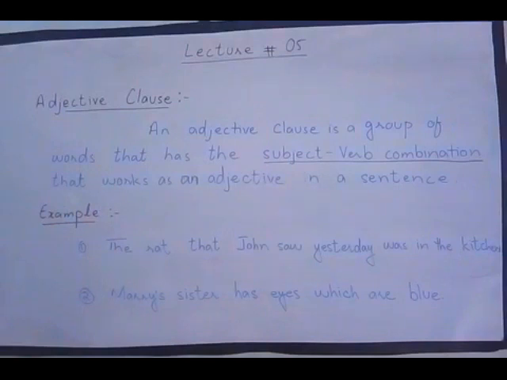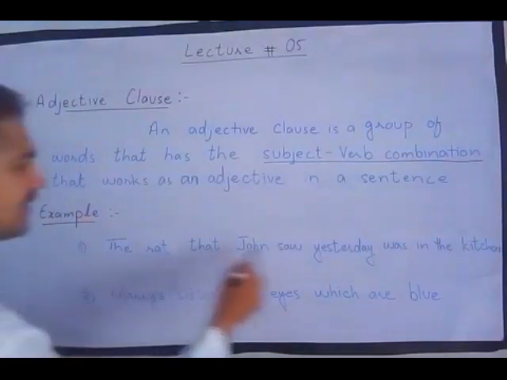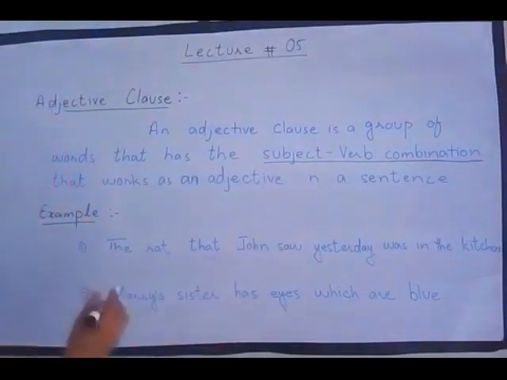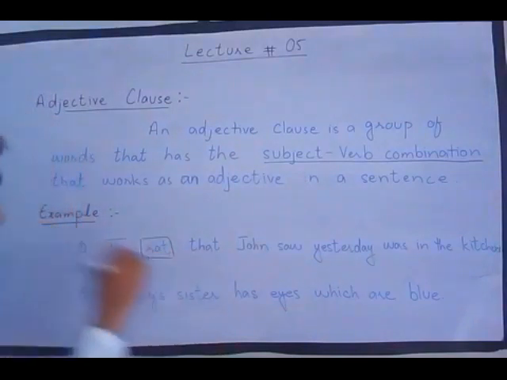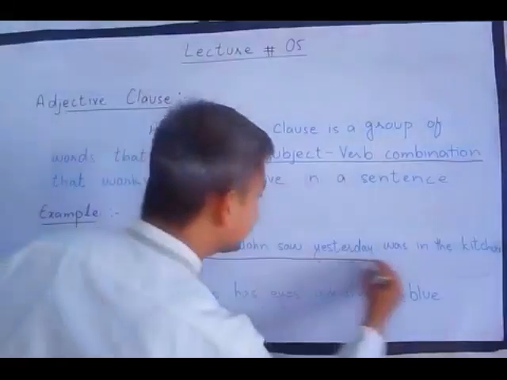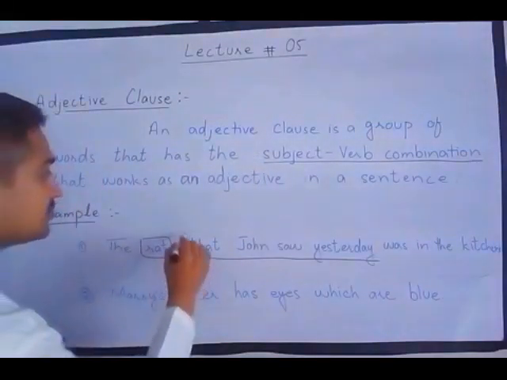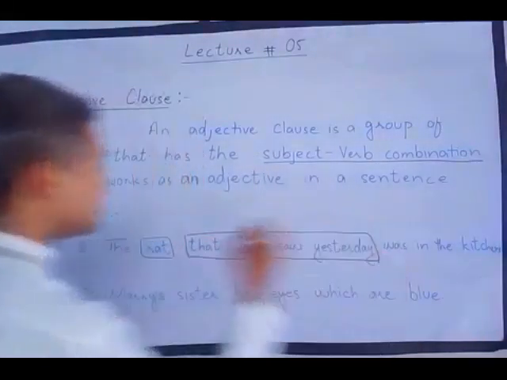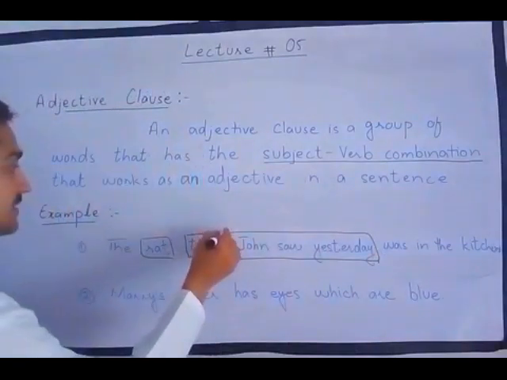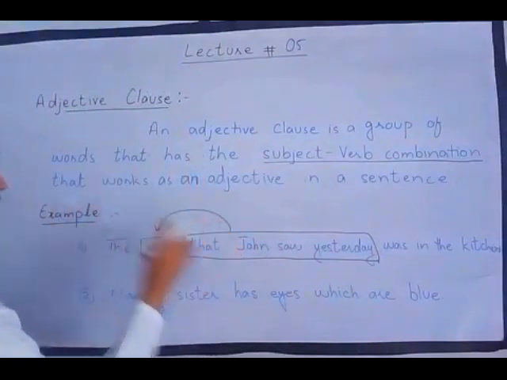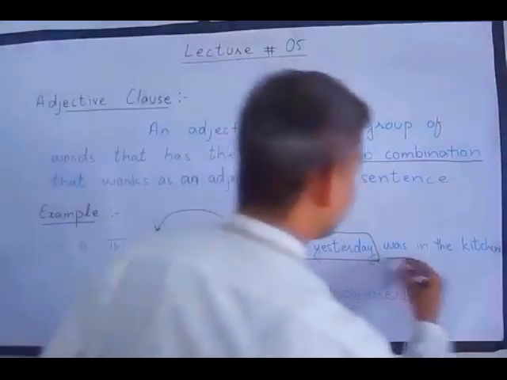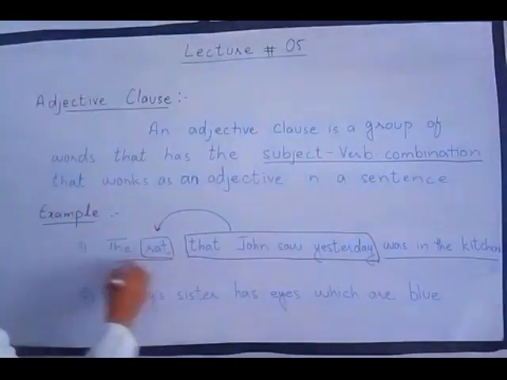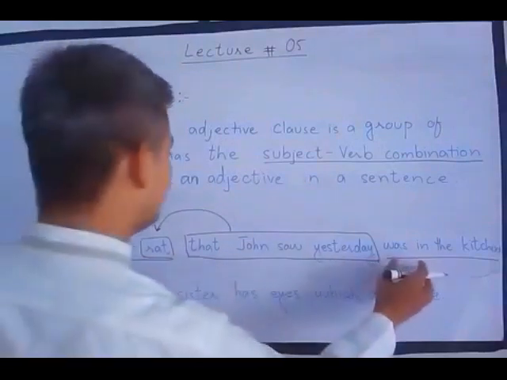For example, the rat that John saw yesterday. So rat is here the noun, and that John saw yesterday is an adjective clause which modifies the rat. The rat was in the kitchen, so this is our principal clause.